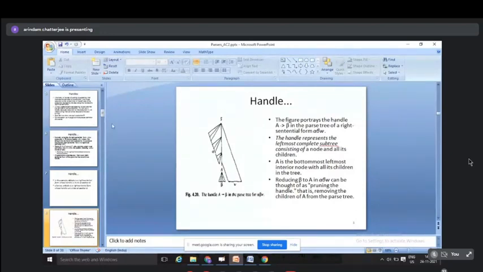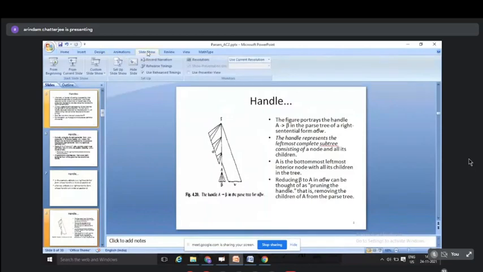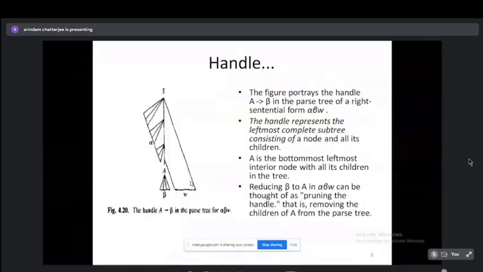Okay, maybe I should make it a little larger. So here you can see that alpha is the left hand side of the tree. The left subtree is alpha, followed by the middle subtree, which is beta, followed by the right subtree, which is W, and A producing beta after alpha and before W is the handle.